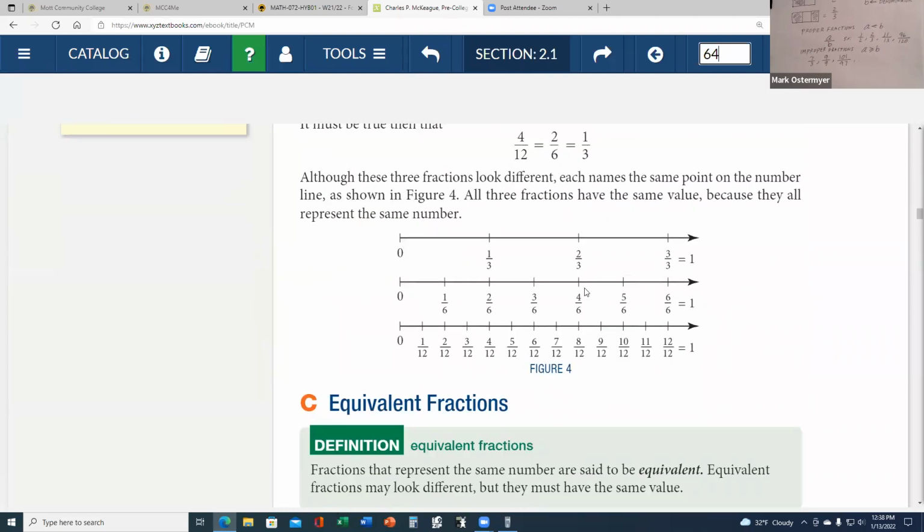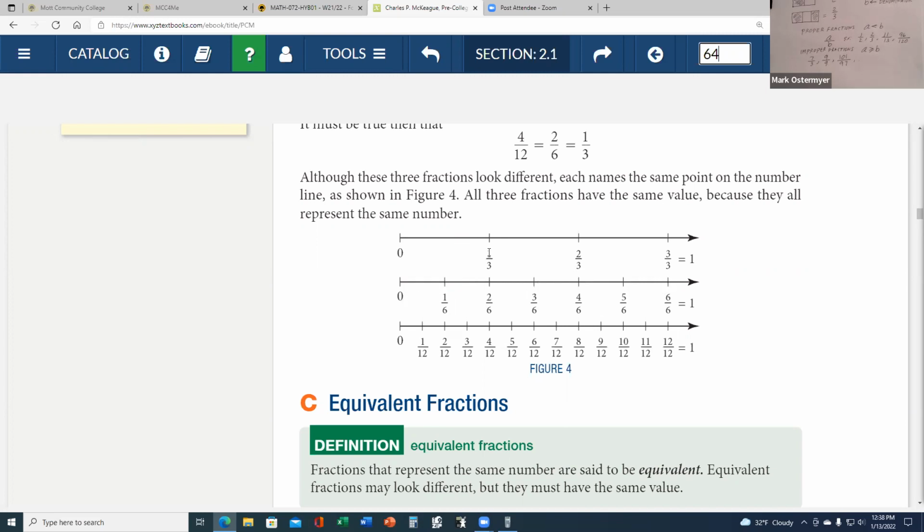Let's go down here. Notice the top number line is partitioned up into equal size thirds, ladies and gentlemen. Then what we've done is we partition each of these thirds up in half, and we go from the number line being partitioned up into thirds down into the number line being partitioned up into smaller units called sixths, okay?